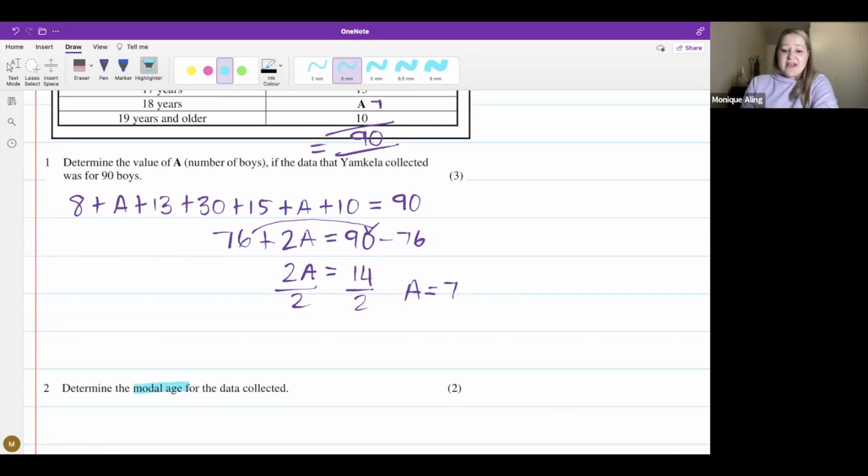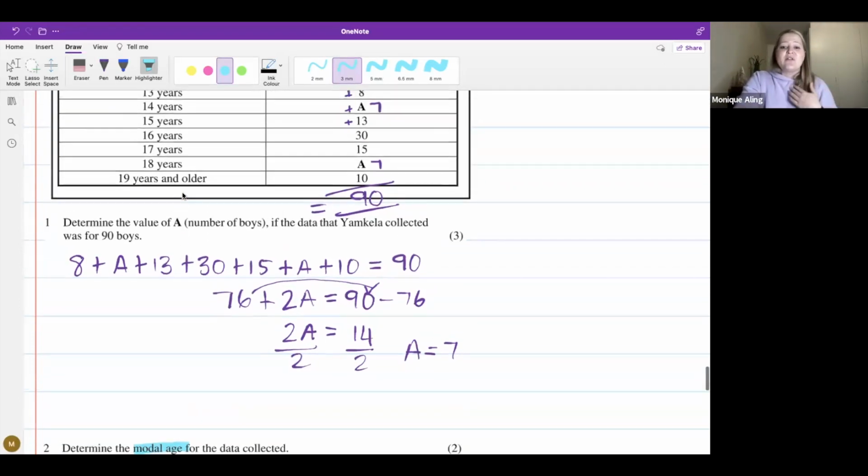Modal is the same as the most frequent number, or the mode. Sometimes the modal looks a little bit funny and we forget that it means the mode. So what is our modal age over here?